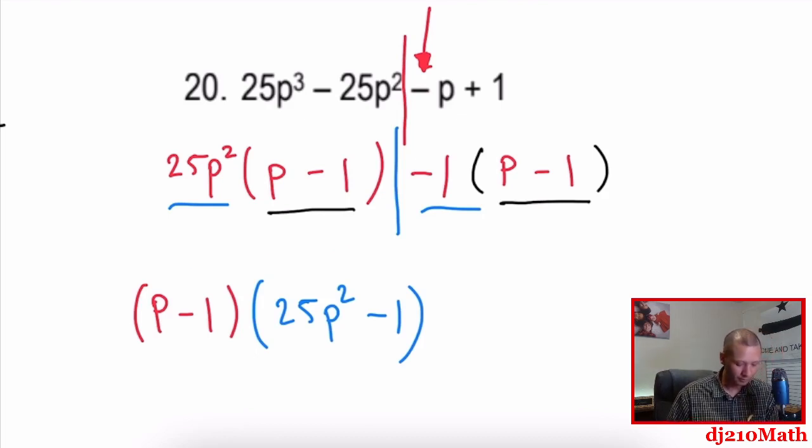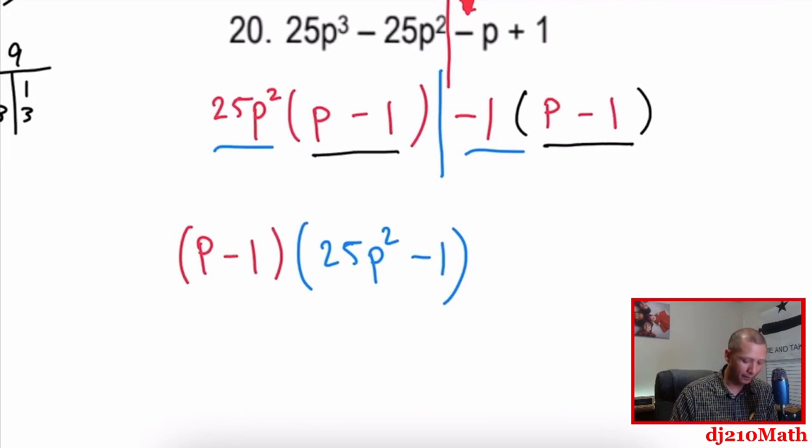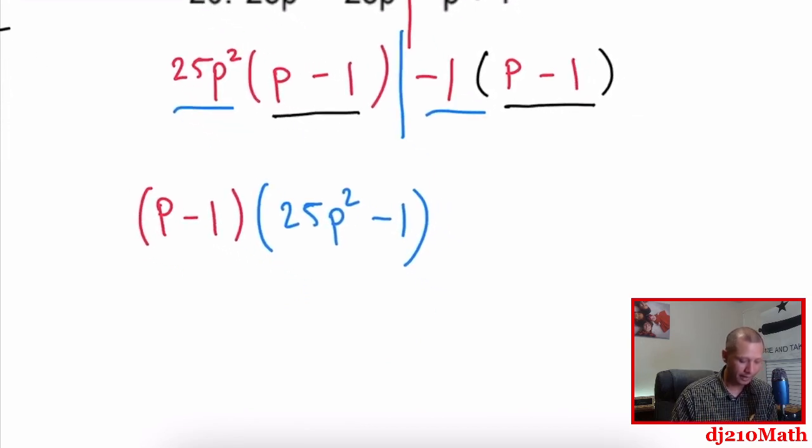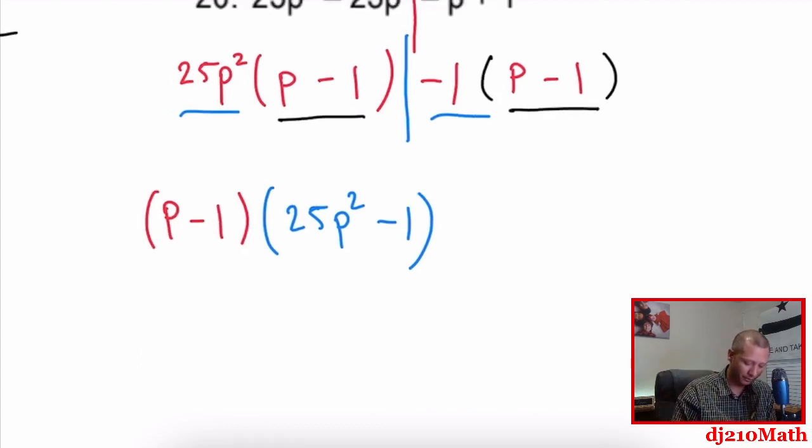So there it is. It's factored. However, 25 is a perfect square, minus 1. So you've got to be able to see a difference of squares right now. What this is saying is that 5p squared.